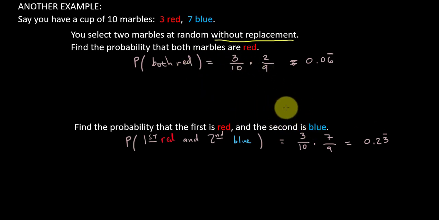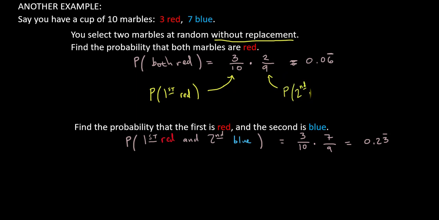However, the way we're going to formulate our formula here is going to be a bit different. I want to identify what each of these fraction quantities would represent with probability notation. With the both red situation, the 3 out of 10 would represent the probability that the first marble is red, and this 2 out of 9, that's the conditional part.